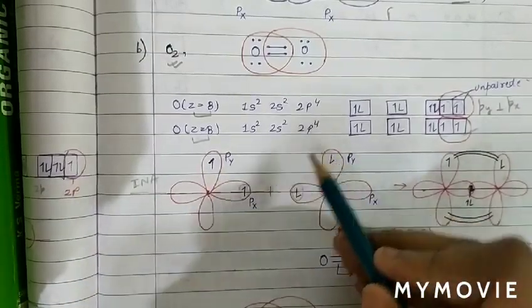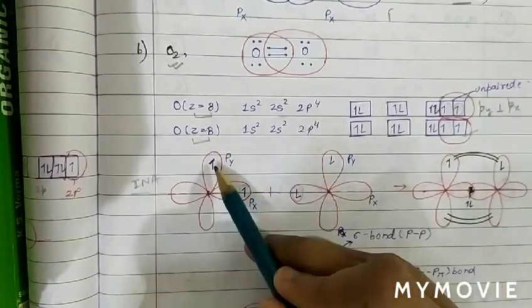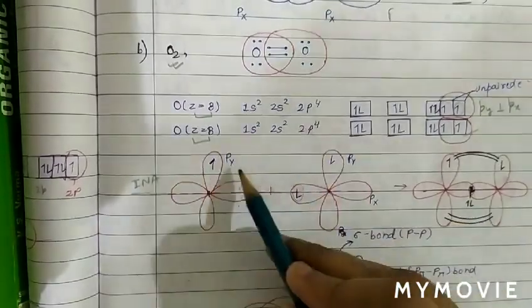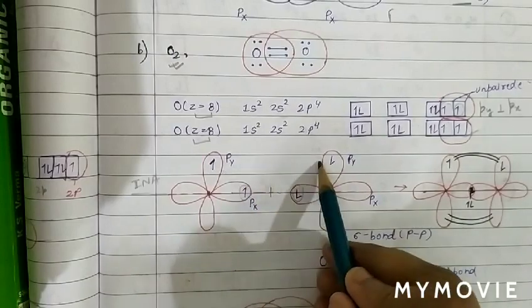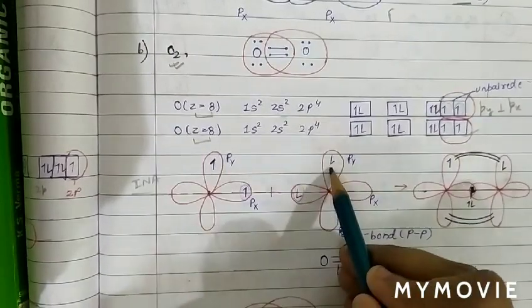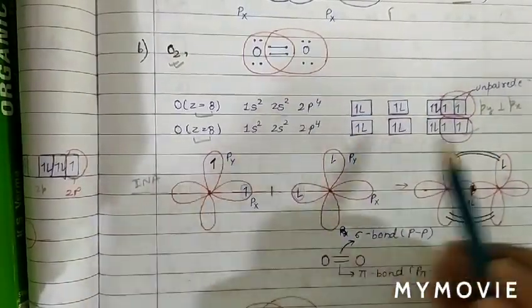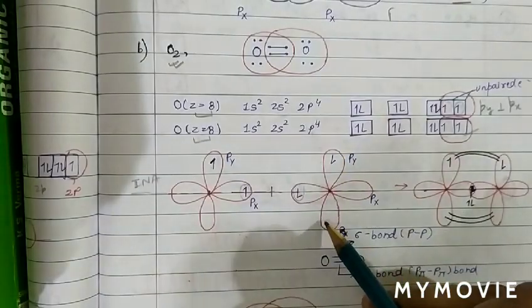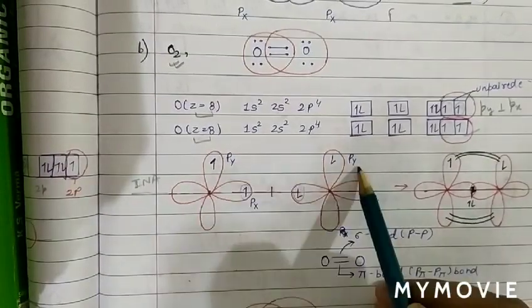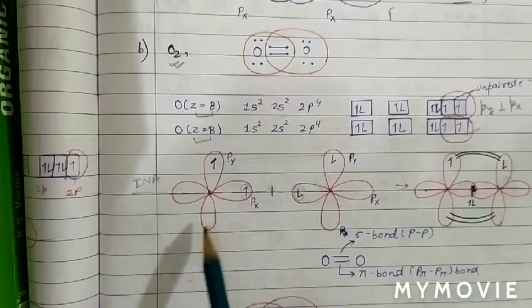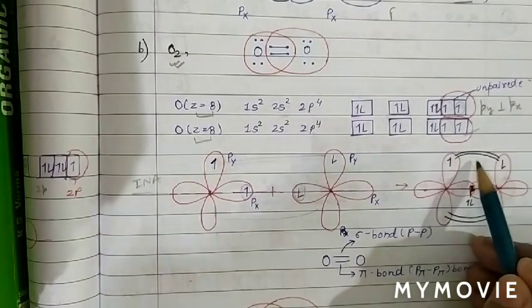For py to overlap, this is a case of sideway overlapping, and in sideway overlapping the orbitals must be parallel to each other. If it is py, then it must be py for overlapping to take place. These orbitals have unpaired electrons and are parallel to each other, so overlapping takes place between them sideways, and through sideway overlapping a pi bond is formed.